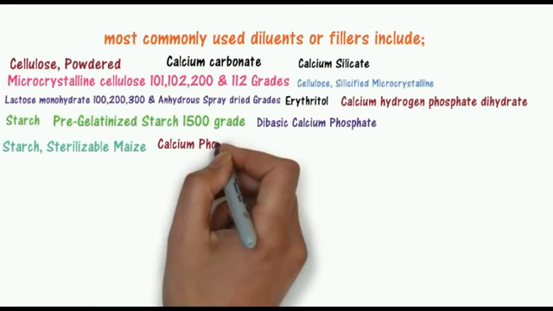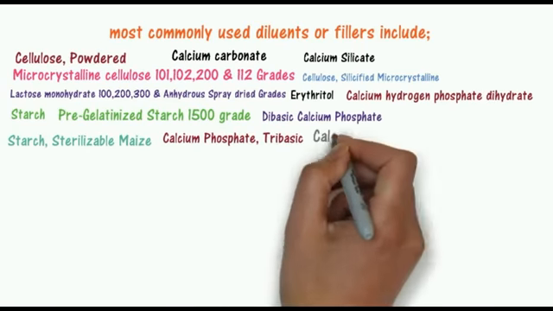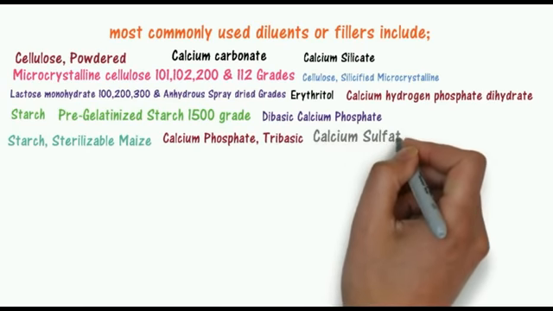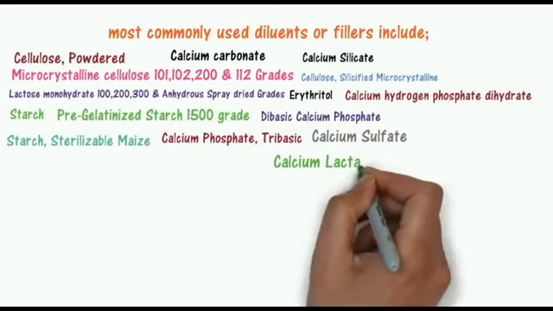Next excipient is calcium phosphate tribasic, calcium sulfate, calcium lactate.